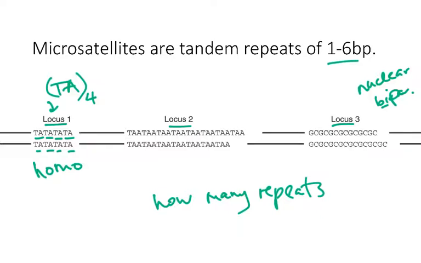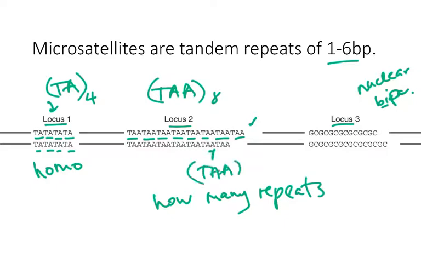In this example for locus 2, that microsatellite is a repeat of the TAA nucleotides, and for this first allele shown here, we have 1, 2, 3, 4, 5, 6, 7, 8 repeats, whereas here on the bottom, that's only 7 repeats. So this would be considered a heterozygote because it's different on the 2 different alleles. But overall, what we're looking at here are these repeats of base pairs, and that's what a microsatellite is.